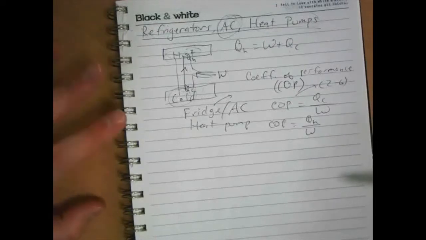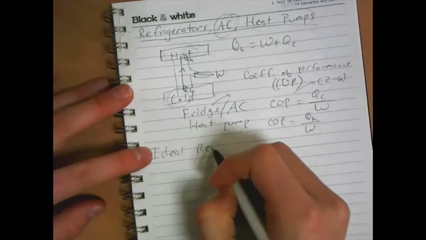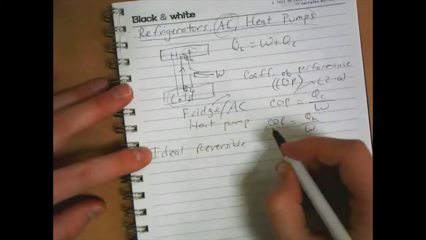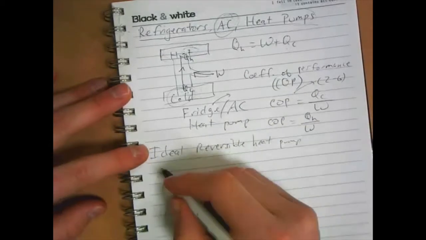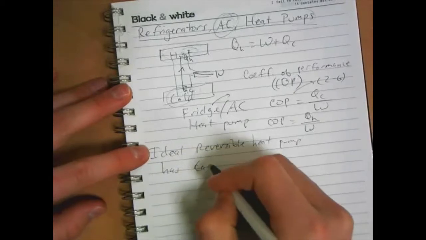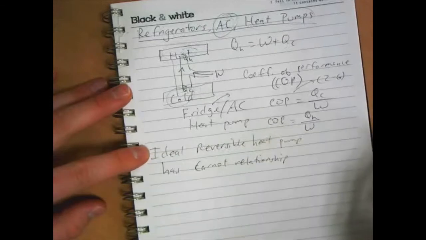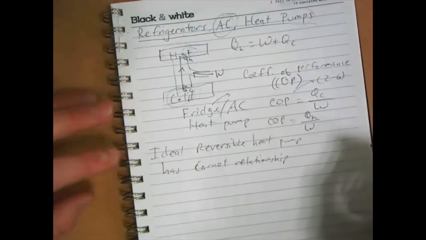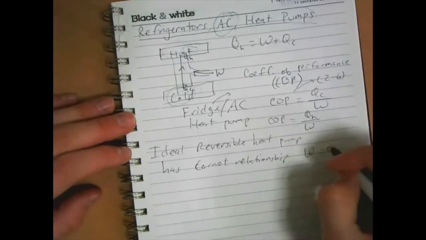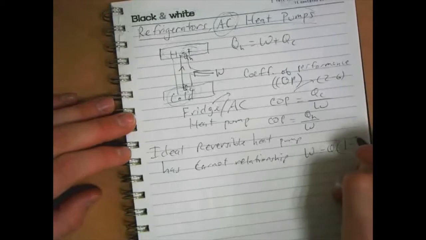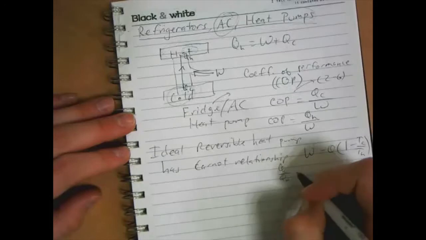An ideal reversible heat pump, fridge, any of these, remember they're all the same thing, has the Carnot relationship that we discussed last time, where the work is equal to Q hot times 1 minus T cold over T hot, and that's because Q cold over Q hot is equal to T cold over T hot.